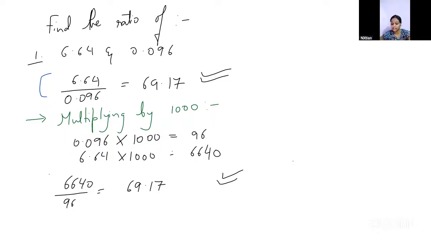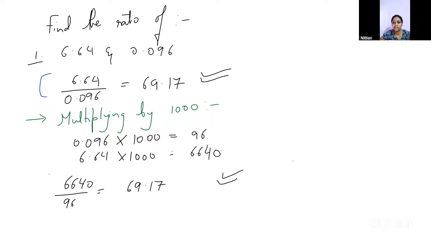So either you can do the above method, that is dividing the whole thing with decimals, or you can do the lower method, that is first you remove the decimal by multiplying both the numbers by 1000, and then you divide. The whole numbers that you get, you divide them, and you will get the same thing, 69.17. Okay, so this is the simplest form.